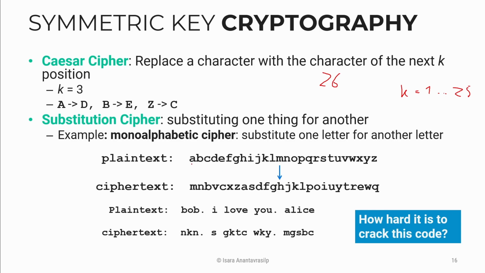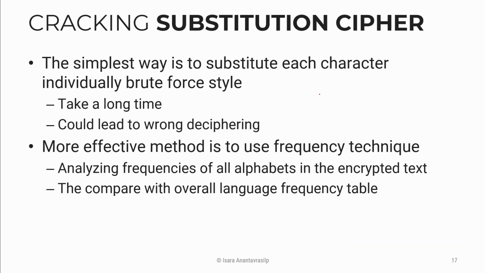What we can do is just keep guessing: k is 1, k is 2, k is 3, k is 4, and so on, provided that we know Alice and Bob are using the Caesar cipher. We just have to guess the k. That's one way, and this technique is what we call brute force. Brute force basically guesses all possible keys.